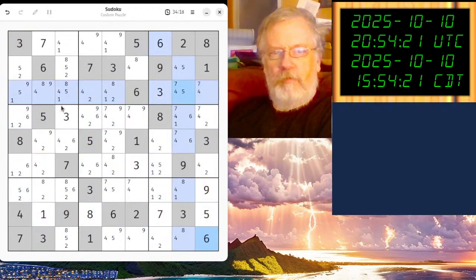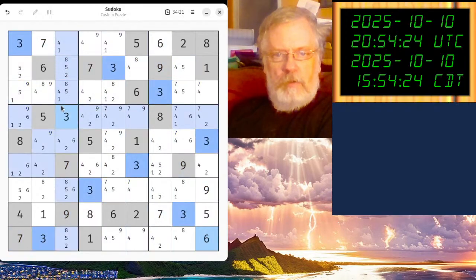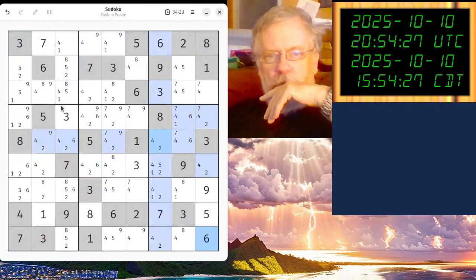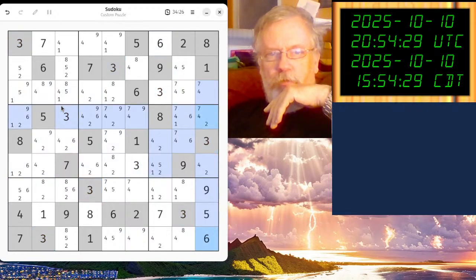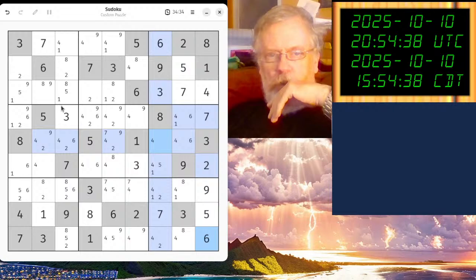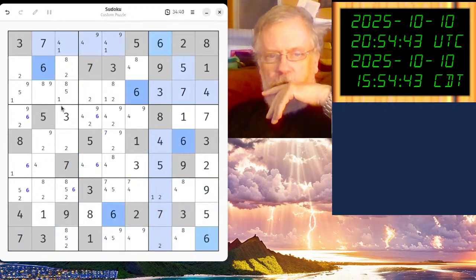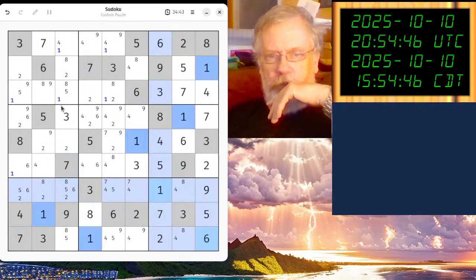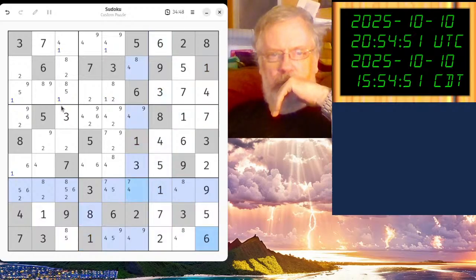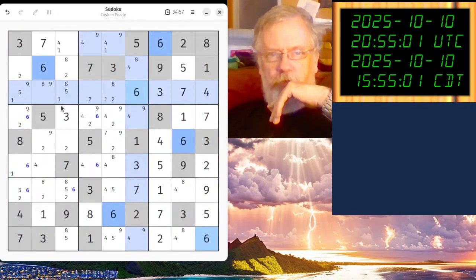That gives me a 4, 7, 4, 7, 5, 4, 2. 4, 2, 4, 2 here. So that becomes a 7, 4, 5, and 7. This becomes a 2. Becomes a 4, 6, 1, and 5. 2 down here. 1. 4, 9 in 2 places, so that becomes a 7.